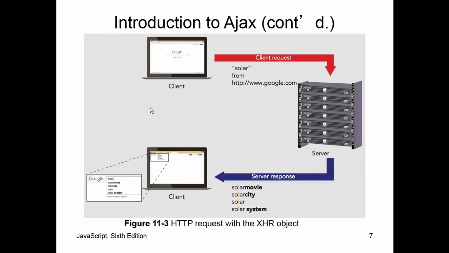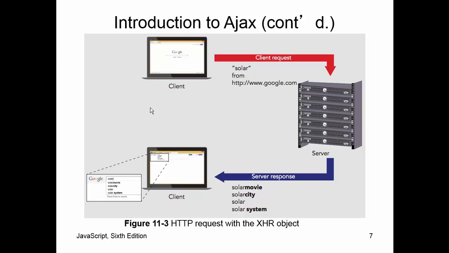All right. And with Ajax, as mentioned right here, in the first picture that you see, the client makes a standard HTTP request, which is returned from the server and displayed in the browser.